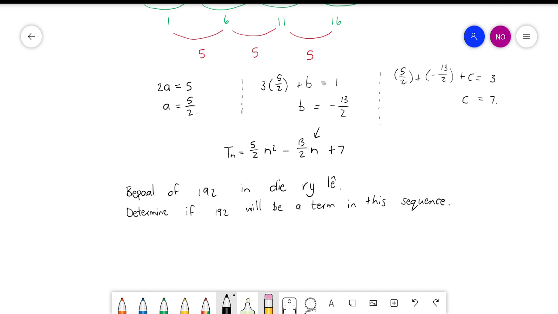You remember? How do we determine whether a term is in that sequence? What do we do? You are going to substitute it. Where do you substitute it? Tn, and then what are you looking for in your answer?